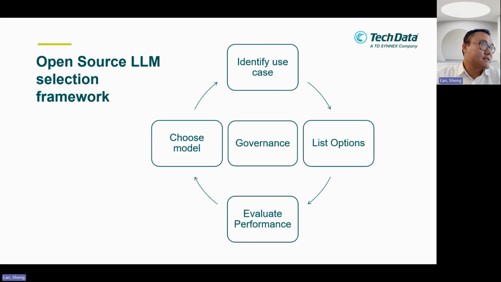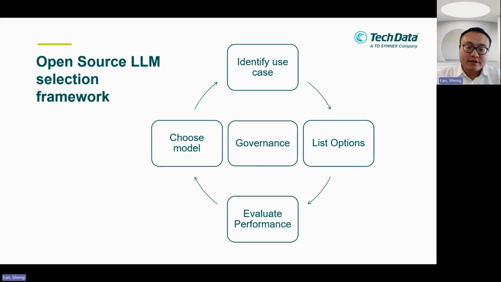This is the open source large language model selection framework. There are mainly four steps you can go through to pick the right model for your project. We start with identifying the use case. Then, based on the use case, we list all the options we have, which models we can use.